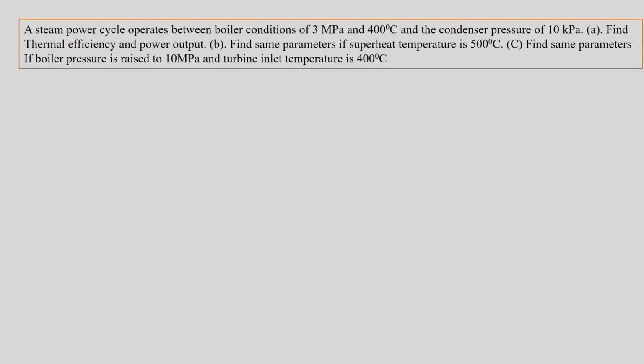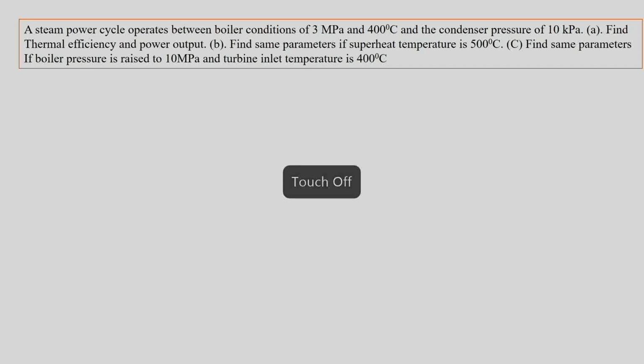Find same parameters if superheat is 400 degrees Celsius. Find same if the boiler pressure is raised to 10 megapascal and turbine inlet temperature is 400 degrees Celsius. So basically there are 3 examples in the same example.